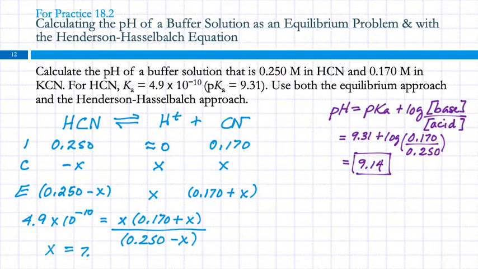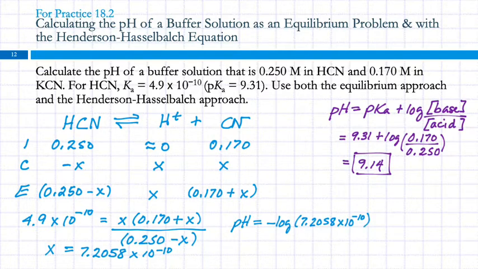X is 7.2058 times 10 to the minus 10. When it shows it to you initially, you don't necessarily notice that there's an e to the something at the end there, and you're like, 7.2?